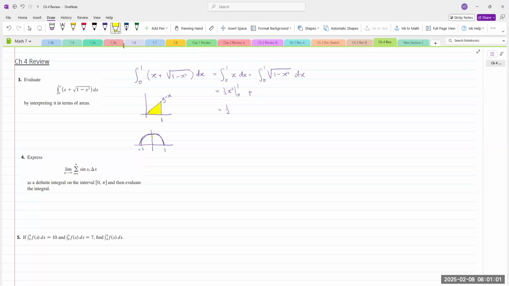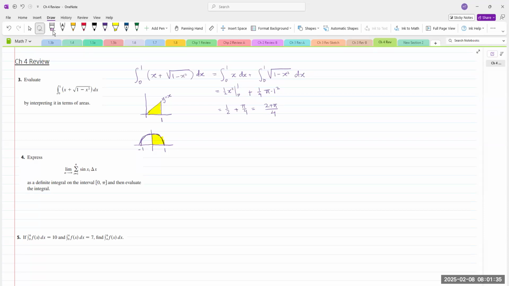So while we don't know how to compute that integral yet, because we see what it looks like, we can compute that this is a quarter of the area of a circle with radius 1. So this is plus pi over 4, or we can simplify that to be 2 plus pi over 4.